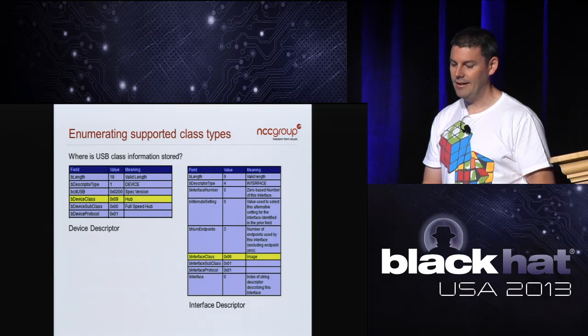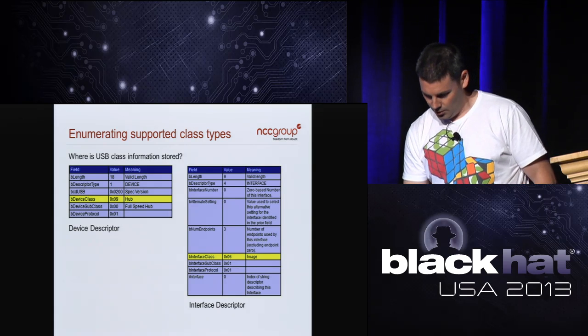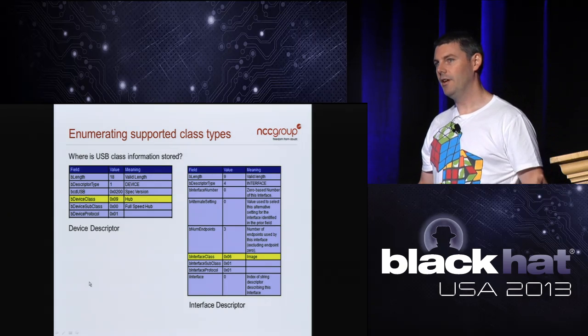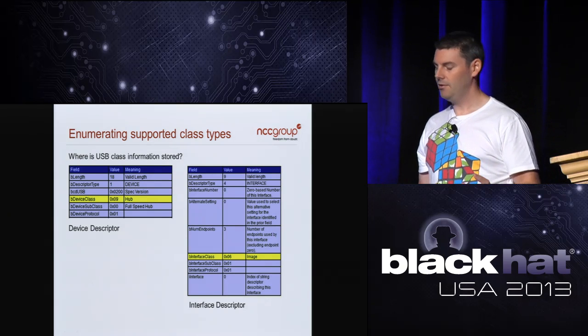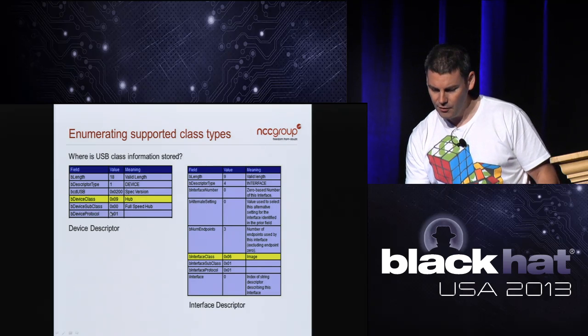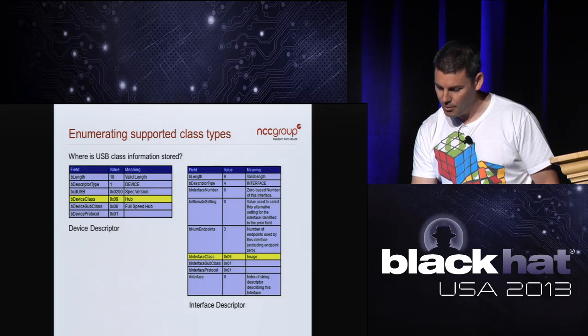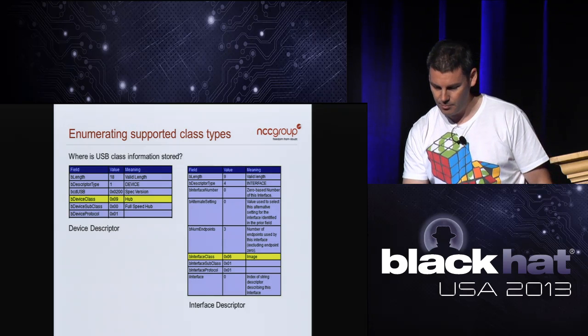So identifying class type information, where's that stored? Well, I talked about these descriptors that are being communicated by the device to the host during the enumeration phase. Here's a couple of examples. A device descriptor, which is what was sent at the very beginning of enumeration. That's just a section of the device descriptor there.